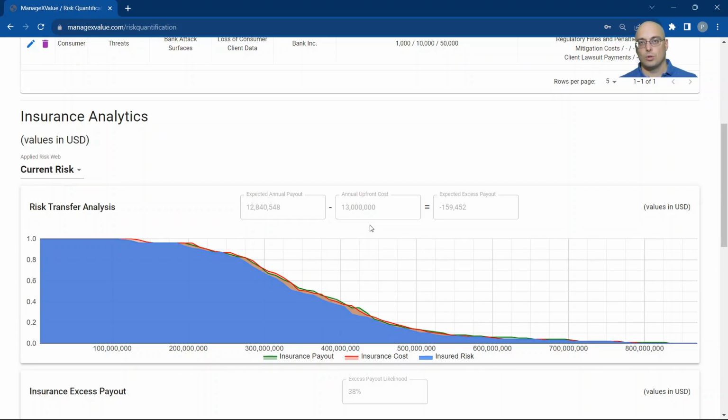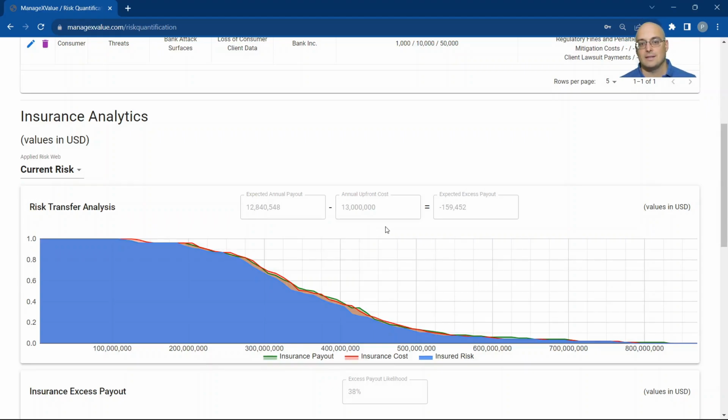However, in order to get access to that potential transfer of risk, you need to pay an insurance premium or an insurance cost or fee upfront to the insurance provider, and that is represented by the red area within the chart. And then if the red area within the chart exceeds the green one, that basically means that in that part of the risk profile, the annual upfront cost exceeds what the annual payout would be.